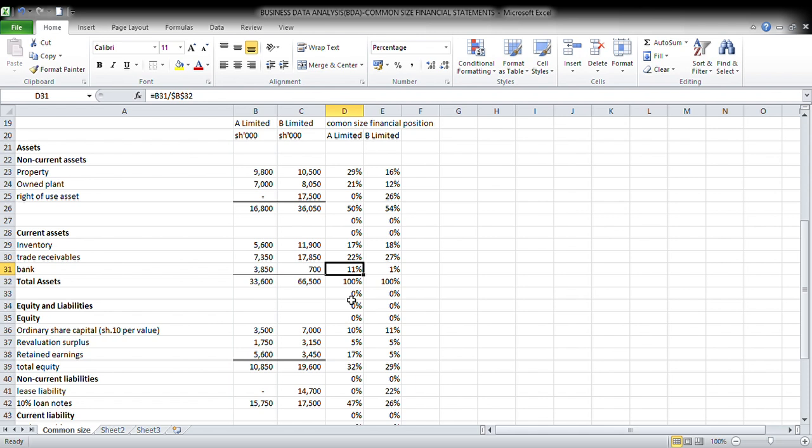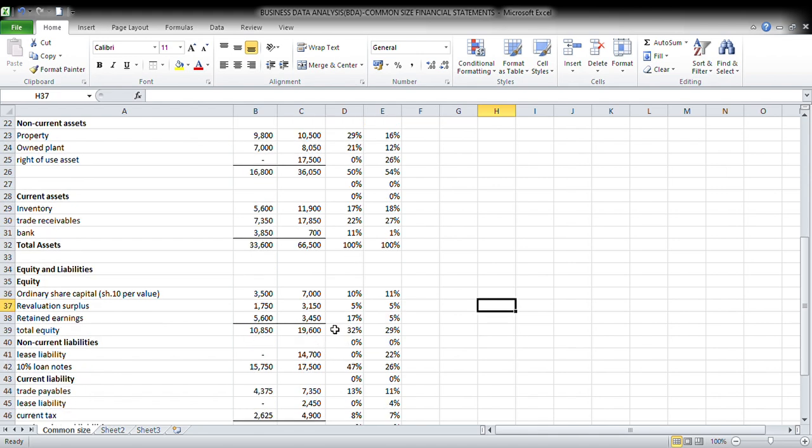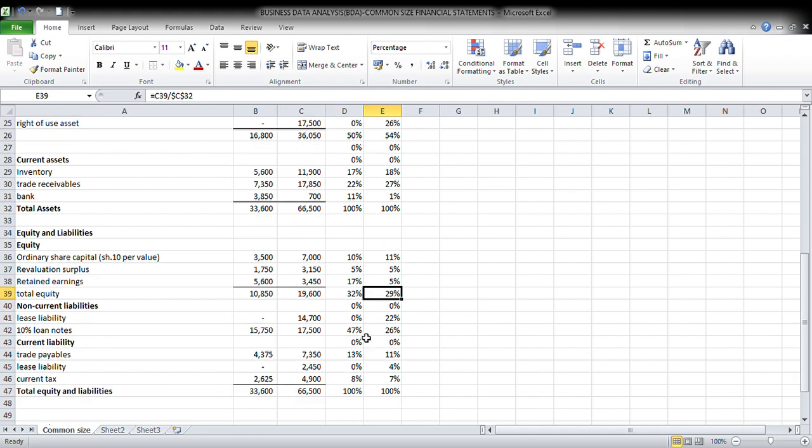Then these ones are really irrelevant. So in terms of the equity, company A has more equity than B. Then we can still remove this. It's not important.